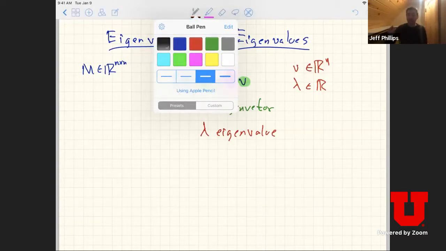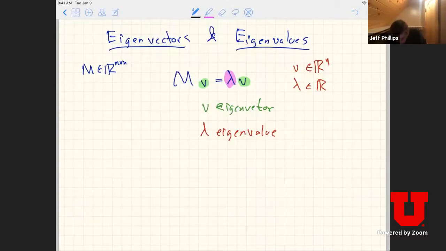It's often called an eigenvector, but the common thing is to make it so that the norm of v, and that's the L2 norm, is equal to 1.